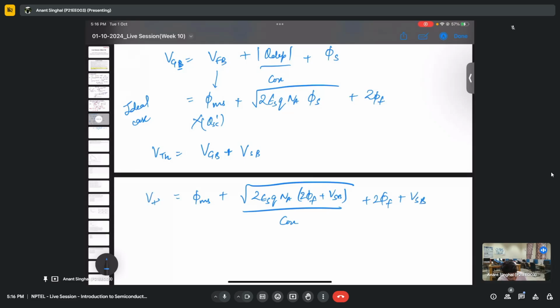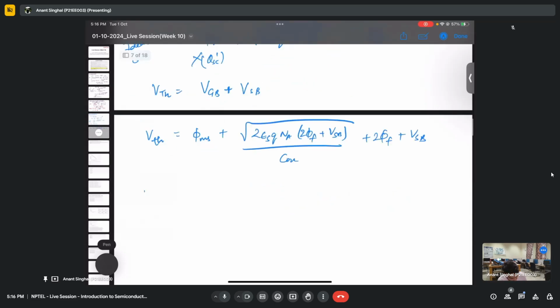So this is nothing but VTH. As VSB is greater than 0, VTH increases, basically to compensate that additional voltage. So this is a very basic explanation of that.